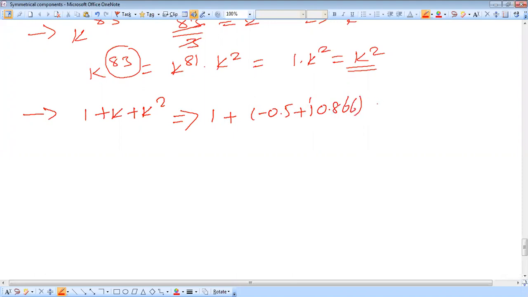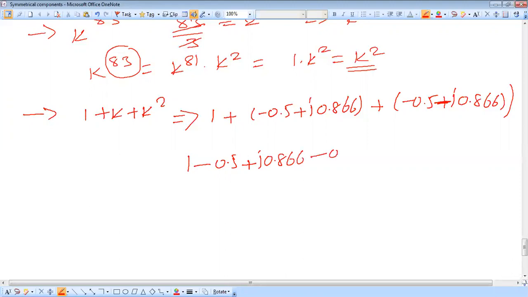What is the k square value? That is plus, minus 0.5 minus j 0.866. Finally, what do I get? 1 minus 0.5 plus j 0.866 minus 0.5 minus j 0.866.